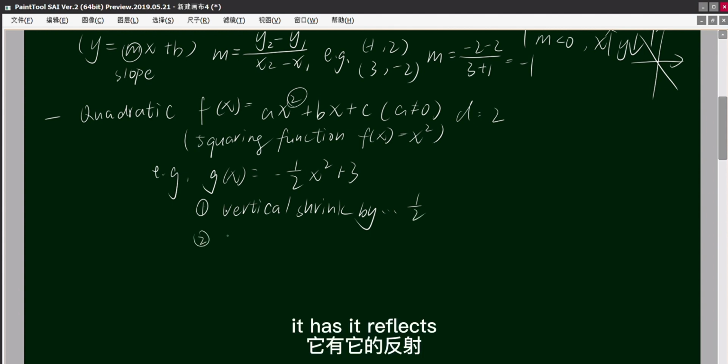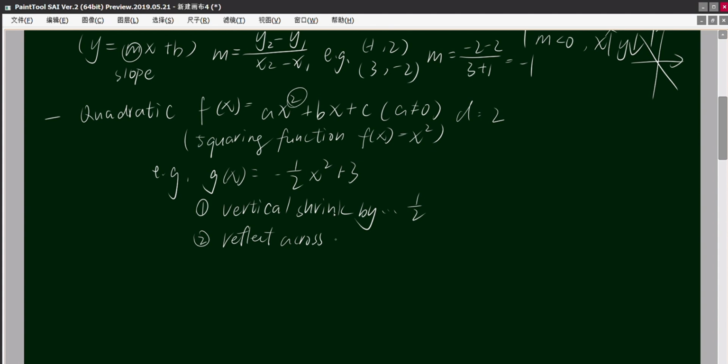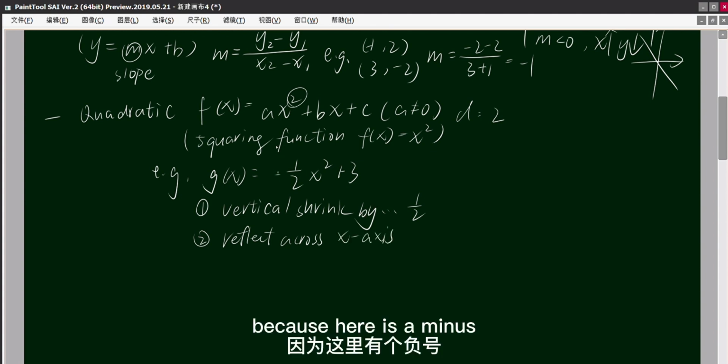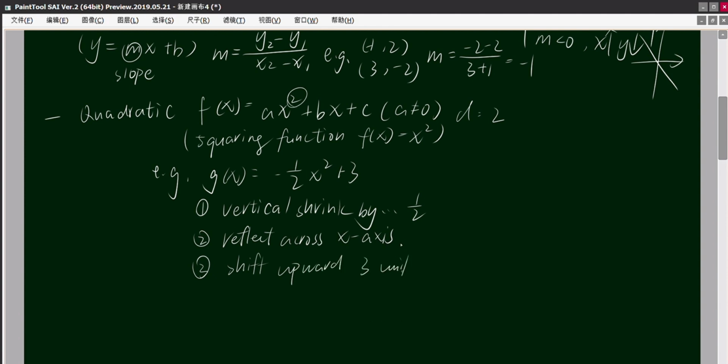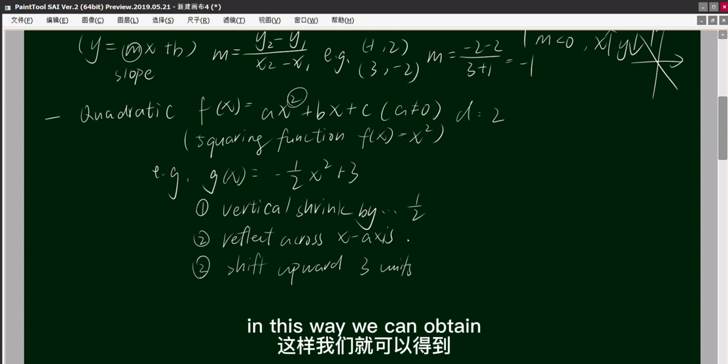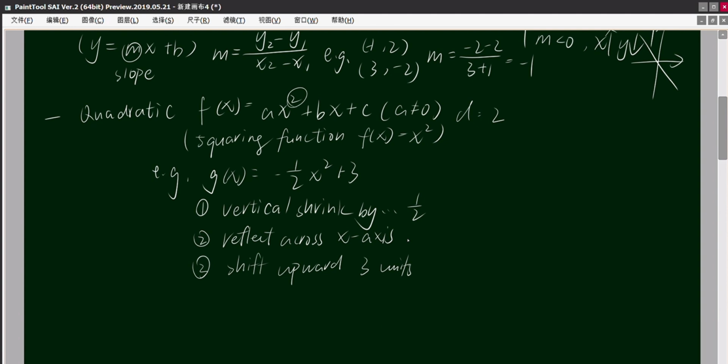Second, it reflects across the x-axis, because here is a minus. Third, it shifts upward 3 units. In this way, we can obtain this function.